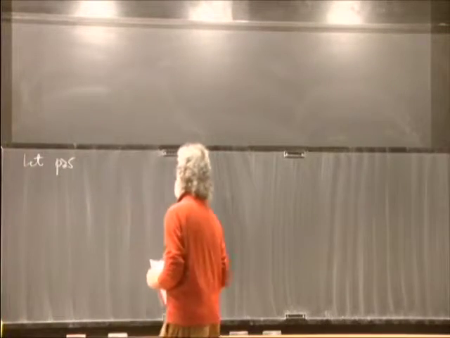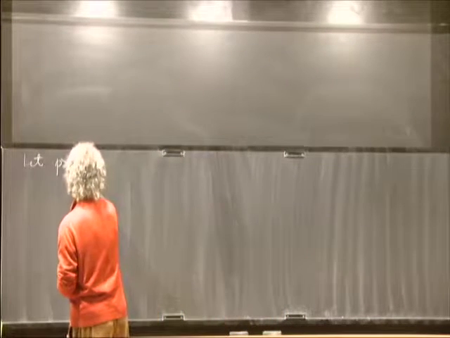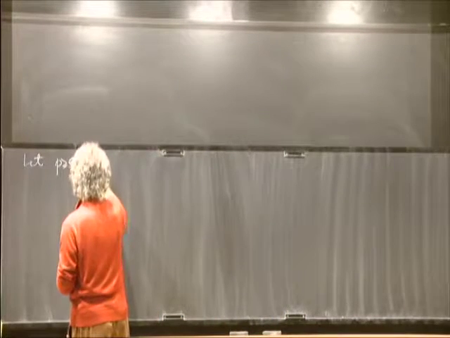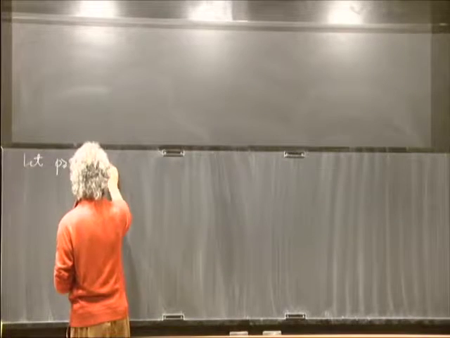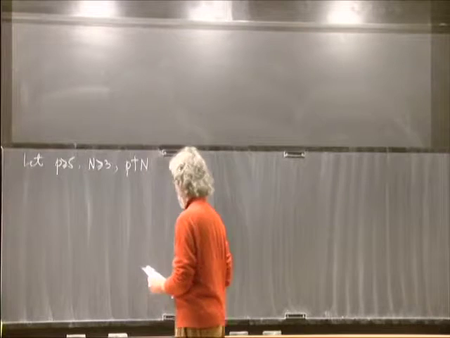So let me fix some notation. Suppose that p is larger or equal to 5 is a prime integer, and n is larger or equal than 3, p does not divide n.